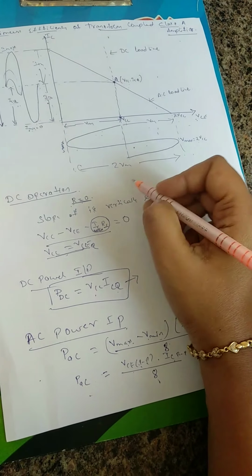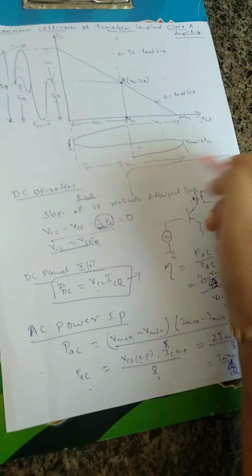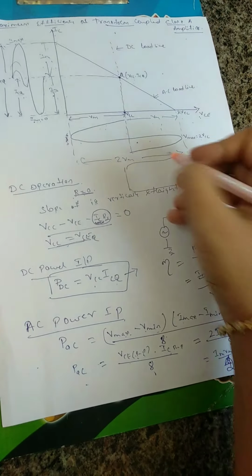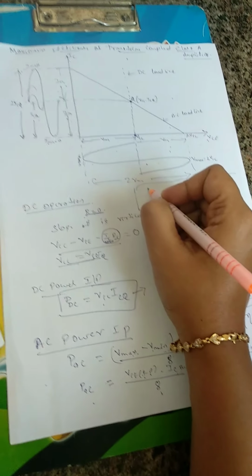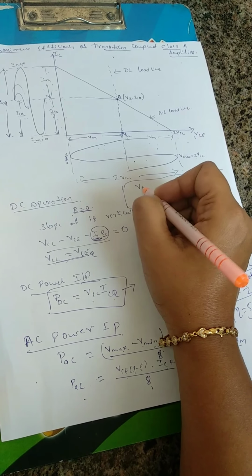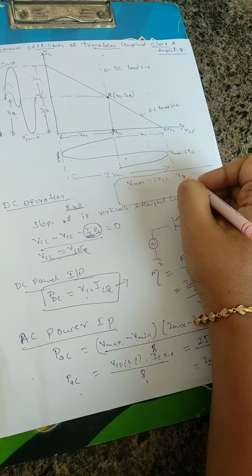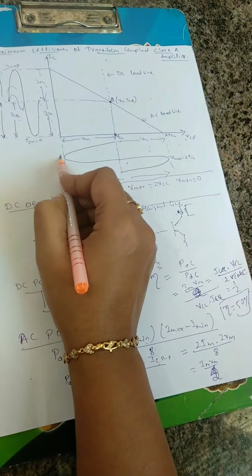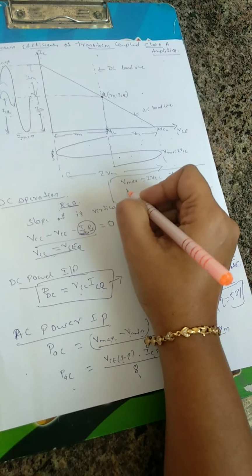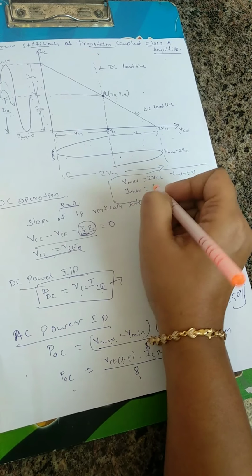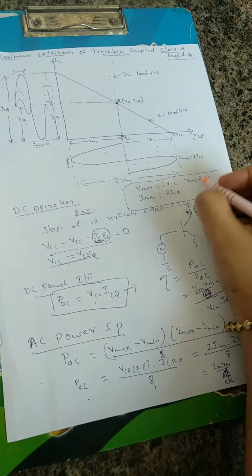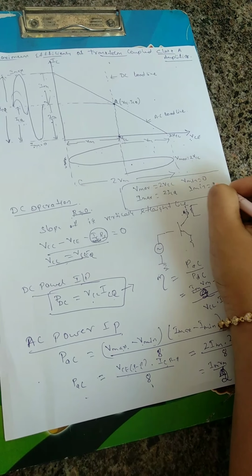Let me derive here. What is Vmax from the figure? Vmax is 2 times VCC. Vmin is 0. Imax is 2 times ICQ. Imin is equal to 0.